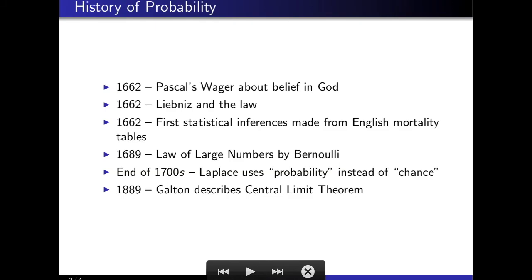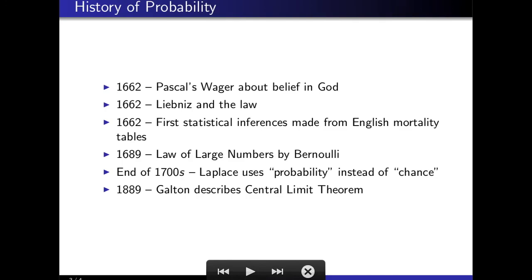You act as if God exists and God does exist. You act as if God does exist and God does not exist. You act as if God does not exist when God does exist, or you act as if God does not exist when God does not exist. And from the wager, we can just analyze the outcome from each of these four possibilities. So Pascal's way of thinking was that if you act as if God exists and God does exist, then that's a good thing for you. If you act as if God does exist when he doesn't exist, there's not really any harm done to you.